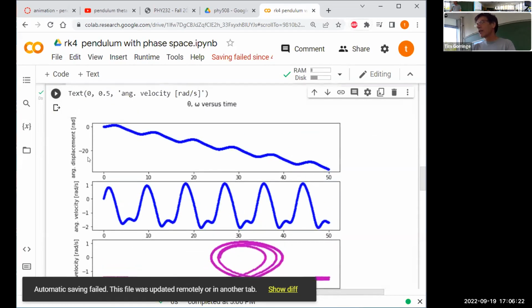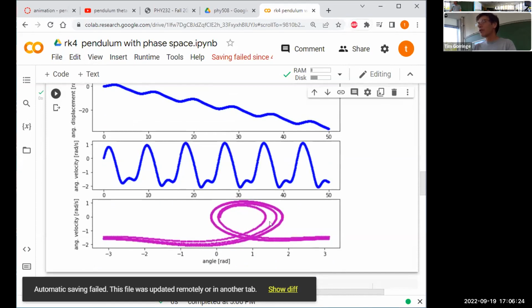So now this is starting to get more interesting, perhaps. One thing that you can see in the top two diagrams, which show the angular displacement versus time and the angular velocity versus time, is actually that this pendulum is now looping the loop due to the driving force.